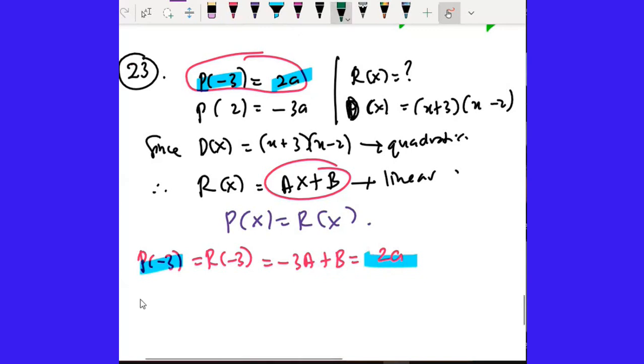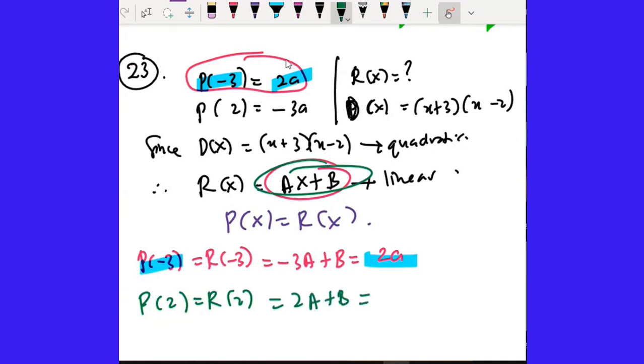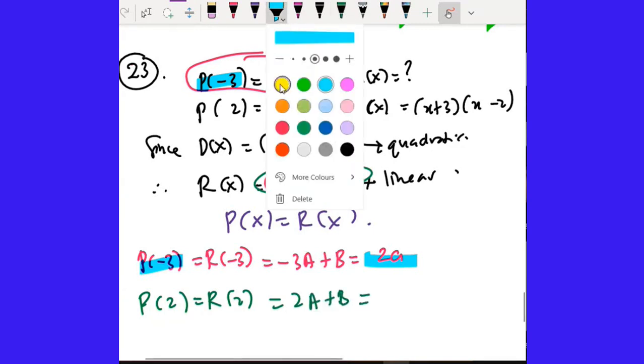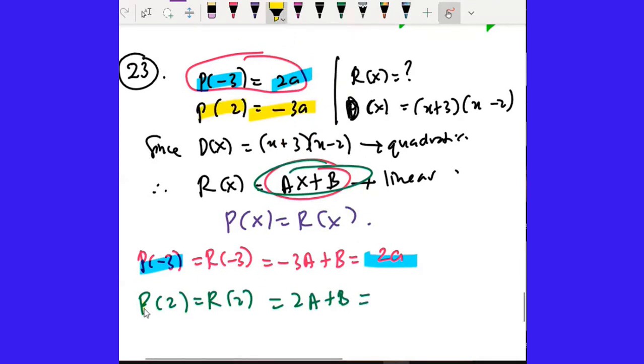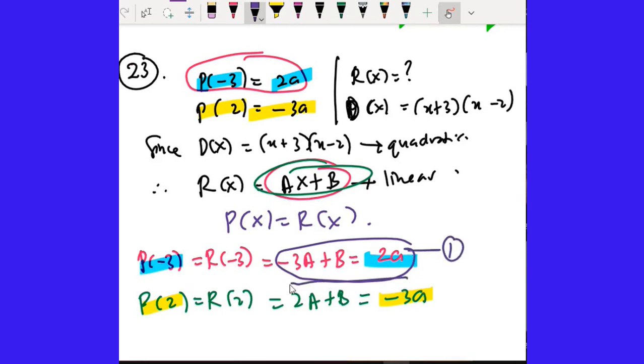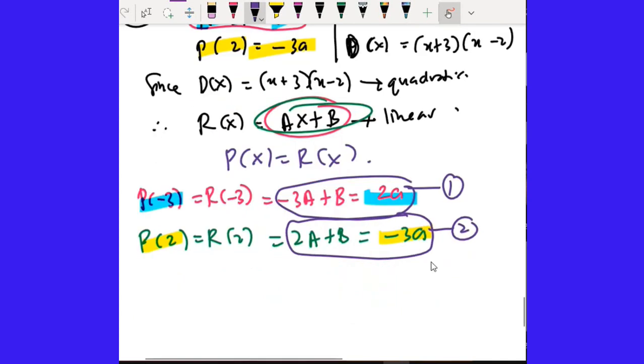The second equation, when P of 2 equals R of 2, substitute: 2A plus B is equal to negative 3A. This one equation 1, this one equation 2. So find A and B.